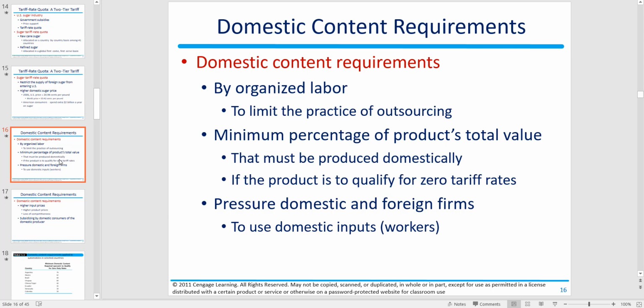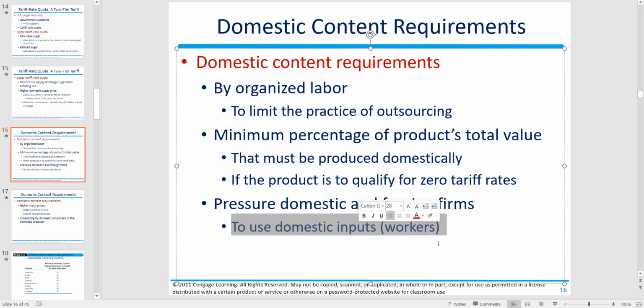There could be 60% here or just 20% here. But this is another instrument at the disposal of governments to protect the domestic producers and labor too. And typically it is the labor unions or organized labor that lobbies for these domestic content requirements, so that there is work for the domestic labor.